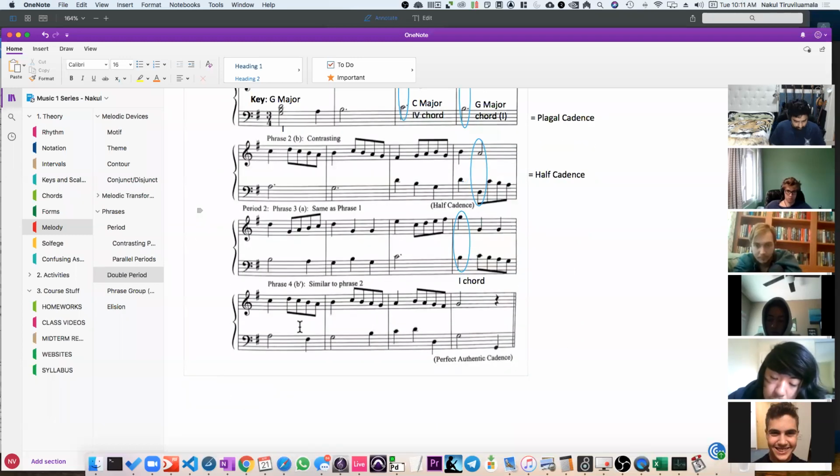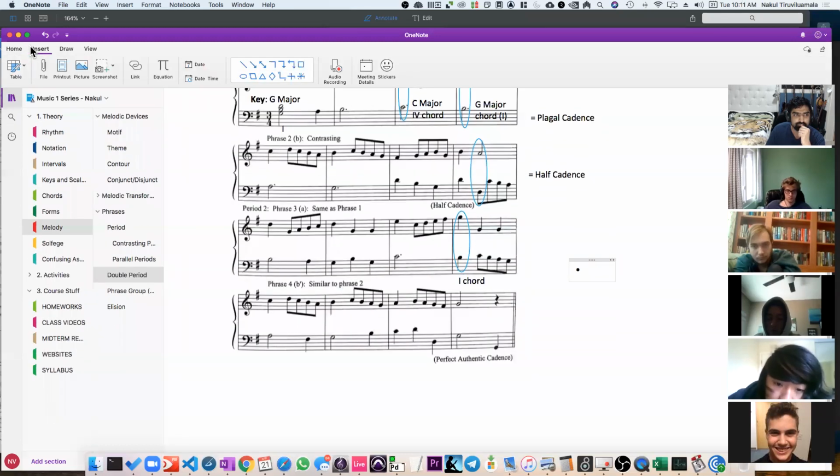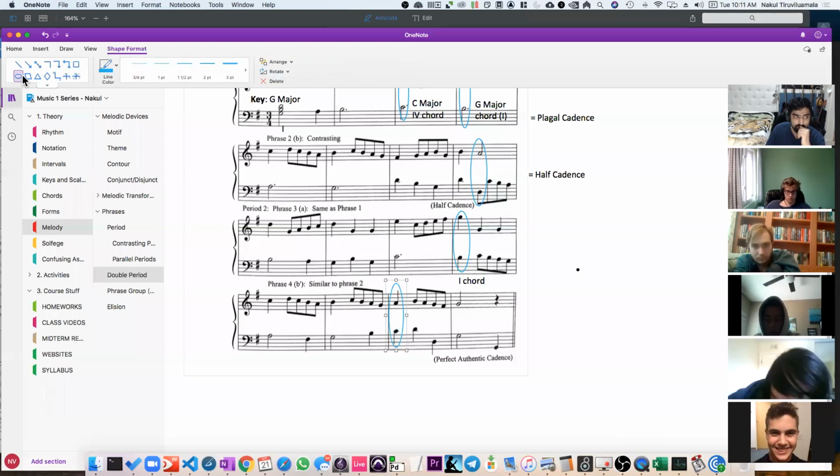Now let's look at this one. Okay, right here. Okay, let's analyze these 3 chords, because there's actually 3 chords happening right here in this measure.